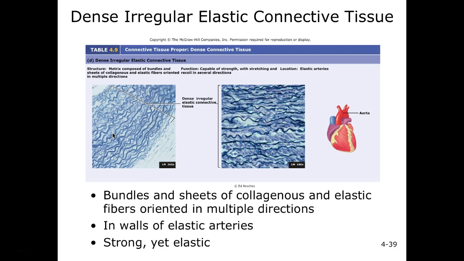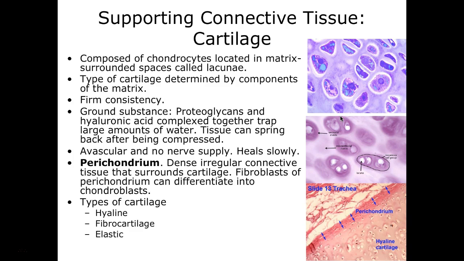We're going to find this in the walls of our elastic arteries. So these are kind of the largest types of arteries that you can have. We give an example of the aorta, and they're strong, yet they're elastic. So these can withstand the highest of pressures within our cardiovascular system. Not too high, of course.